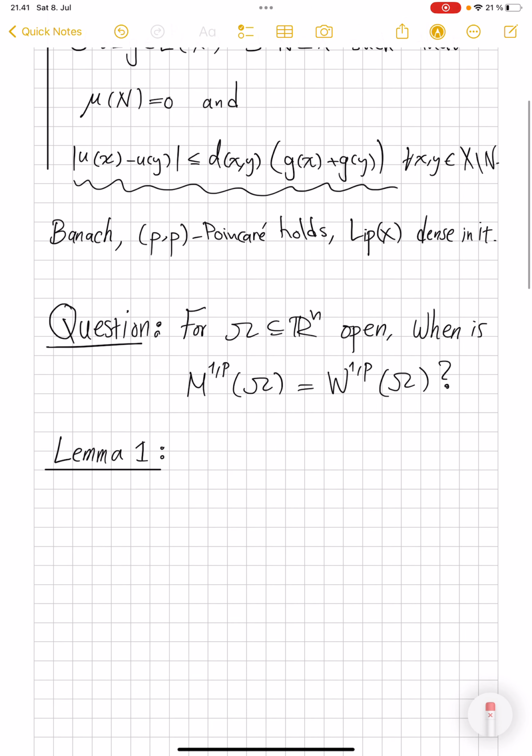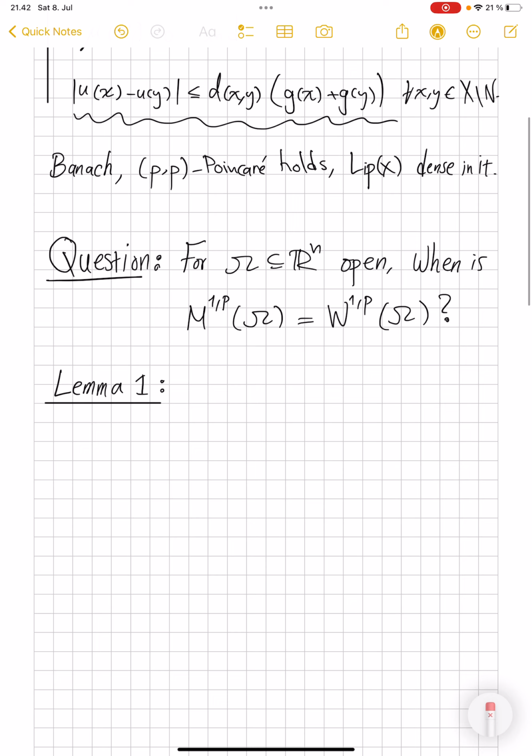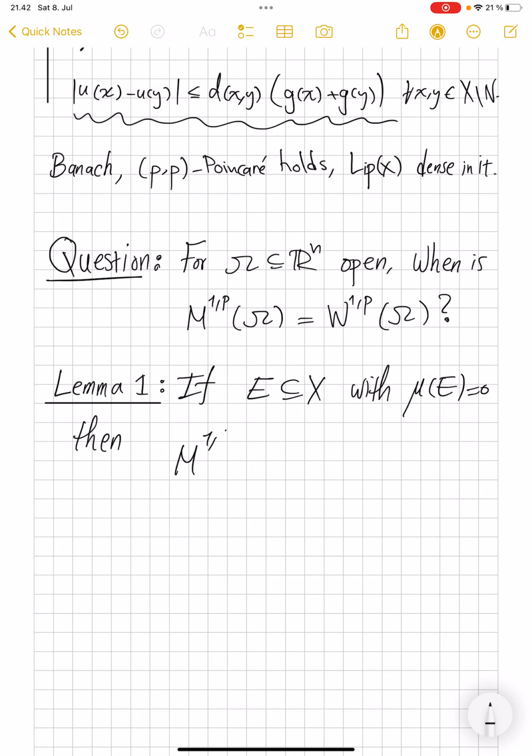First of all, we can easily show that these are not in general equal. And there are multiple ways of doing this, and one way is to observe that if E is a subset of X with zero measure, then the space M^{1,p} of X minus E, so X minus E on its own is again a metric measure space with inherited distance and measure.